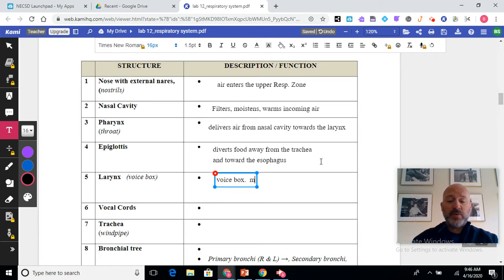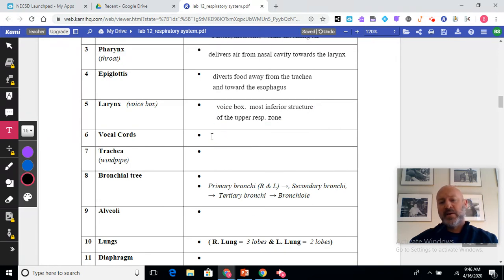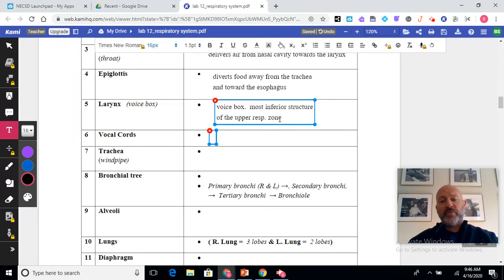So this is the most inferior structure of the upper respiratory zone. It's within the larynx that we find vocal cords. So as air is going through, the vocal cords vibrate to produce sounds. Right?